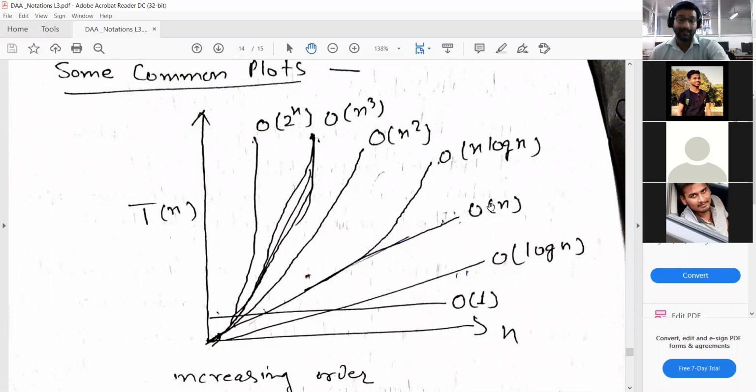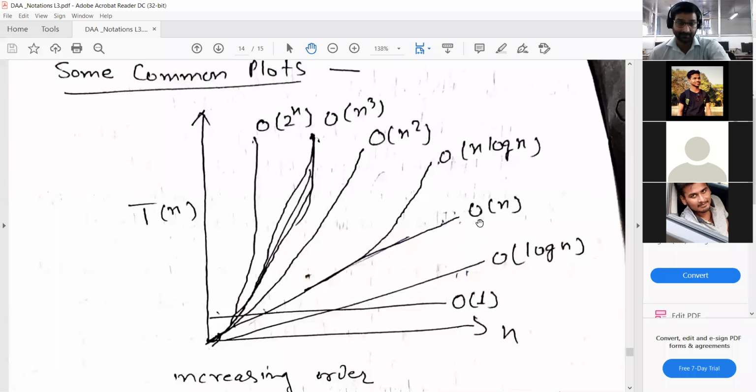And if you are saying n, it is just a bit the same like log n, but if you'll see this step. Suppose 3 is the input, so the time for order of n, the complexity of the algorithm is order of n, so it will be somewhat above the log n. Okay, but the behavior is same.